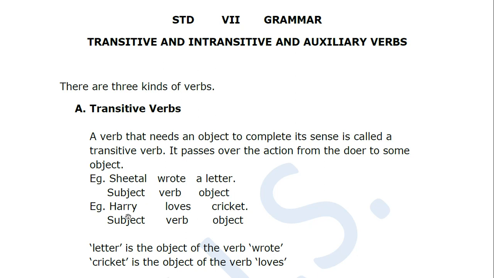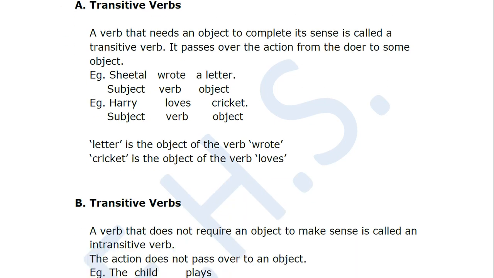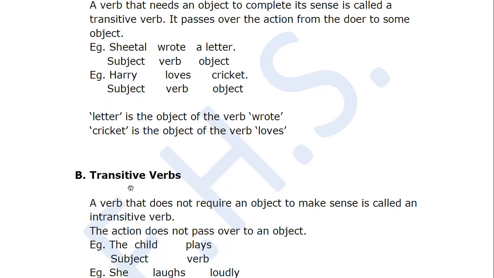Here you have subject, verb, and object. This is very important. You need an object for the verb to be transitive. So, letter is the object of the verb wrote, and cricket is the object of the verb loves.